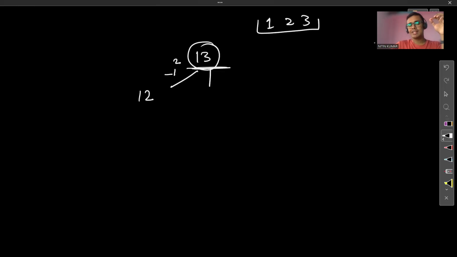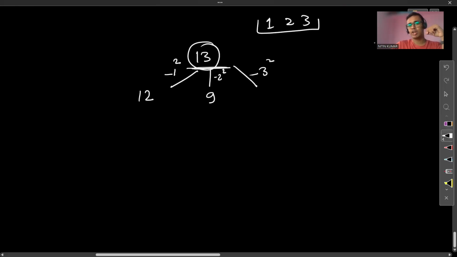Again, we can subtract 2 square from 13 as well, because 2 square is 4 and it is less than 13, so it will also be correct. When we subtract 2 square from 13, we get 9. And we can also subtract 3 square, because 3 square is 9, which is less than that value. Then I got the value as 4.